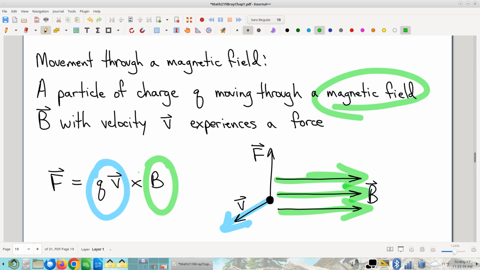Let's use the right-hand rule: first vector, velocity; second vector, middle finger, is the magnetic field. The cross product tells you the force. The direction of your thumb tells you the resulting force that the magnetic field applies to the moving charged particle.